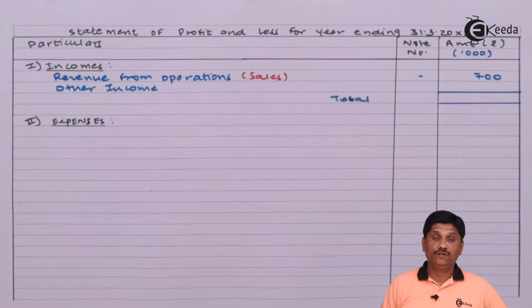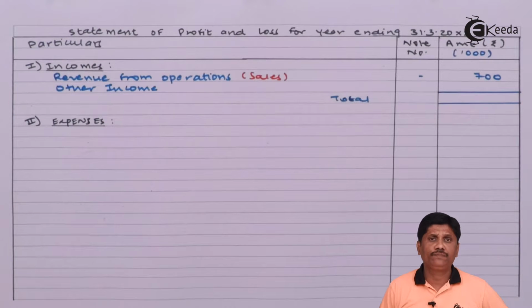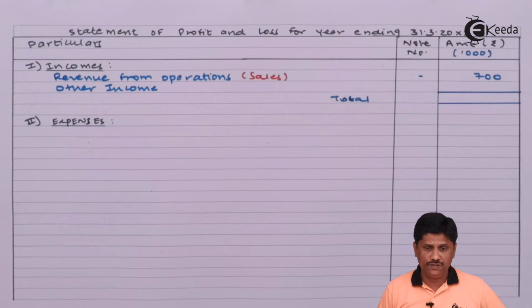In expenses, firstly we write cost of material consumed. In our example, they have not given anything about the material, so you ignore that. Purchase of stock in trade, that we will note down. Let's check whether we are having purchases.